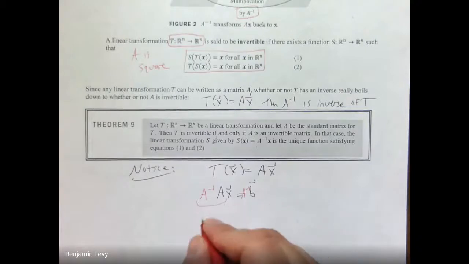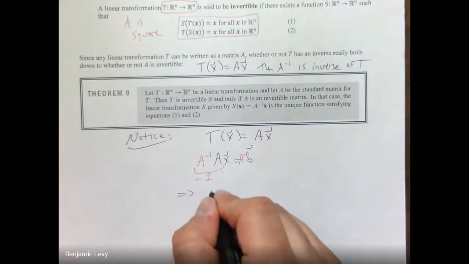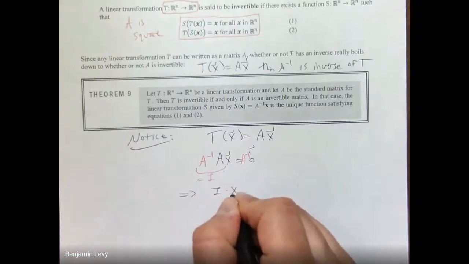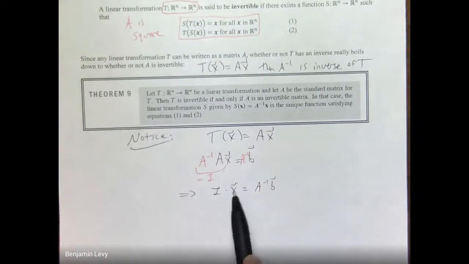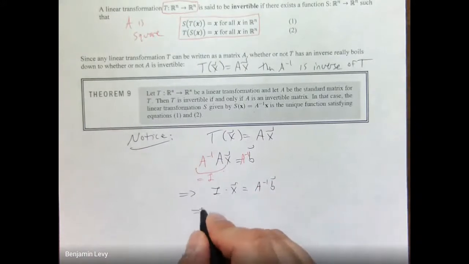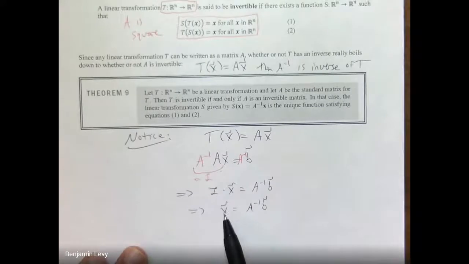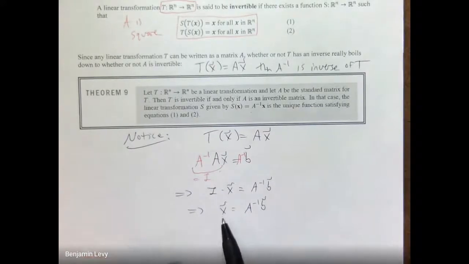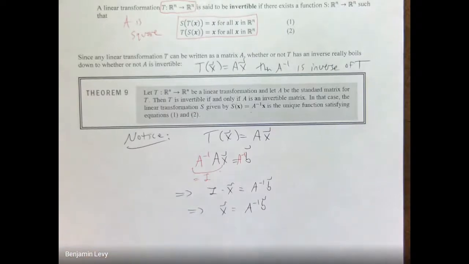These two things cancel into I. And so what we end up with is I times x equals A inverse b. And anything times I just stays the same. And so x equals A inverse b. Right? So if you want to send things back to the x values they came from, you just multiply where it came from by the inverse to undo it, is what we're saying here.